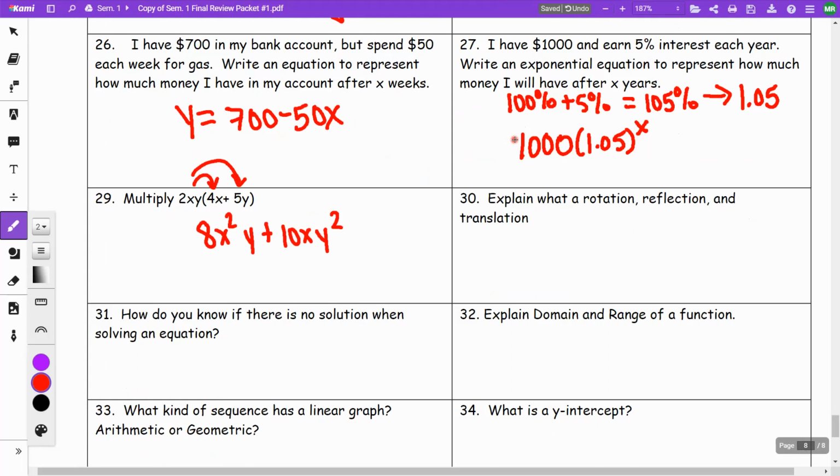So for this, you need to talk about rotation, reflection, translation. A couple things that I'm going to say here.